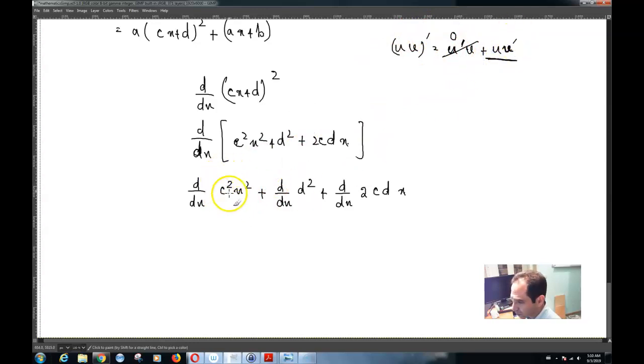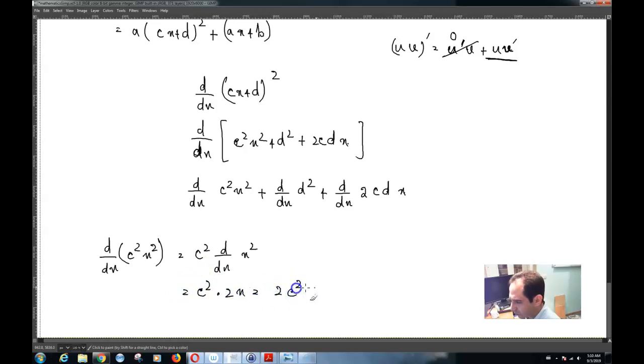So u times v prime would be c squared times d by dx of x squared. And you know that d by dx of x squared is equal to 2x, so that's c squared times 2x, which is equal to 2c squared x.